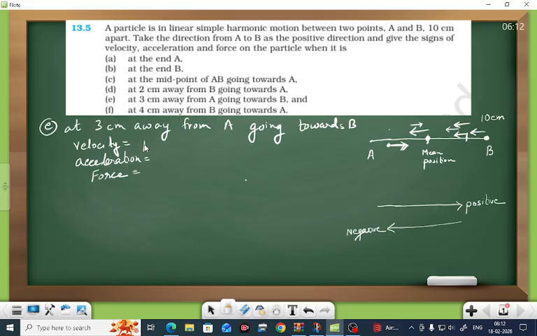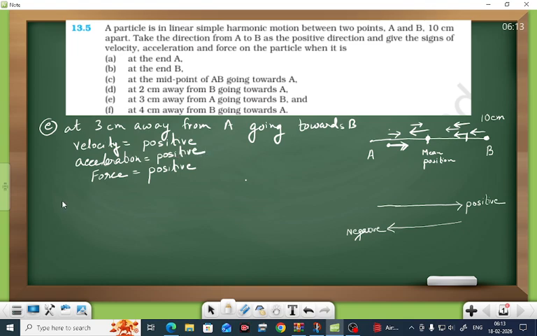And what is the direction of force? You see here, the force is also in this direction, it tries to go back to the mean position. That means the force is positive. And we have seen that if the force is positive, then the acceleration will be in the same direction. That is, acceleration is also positive.